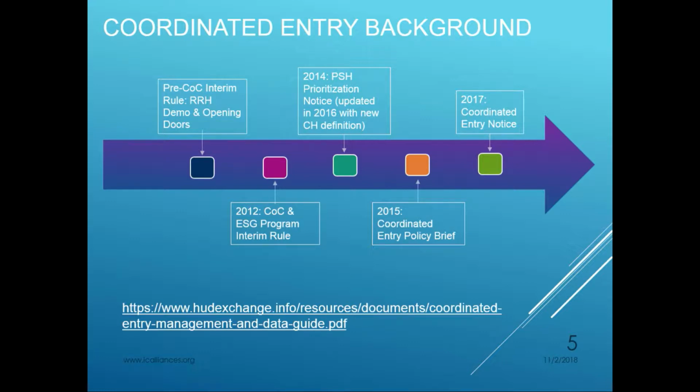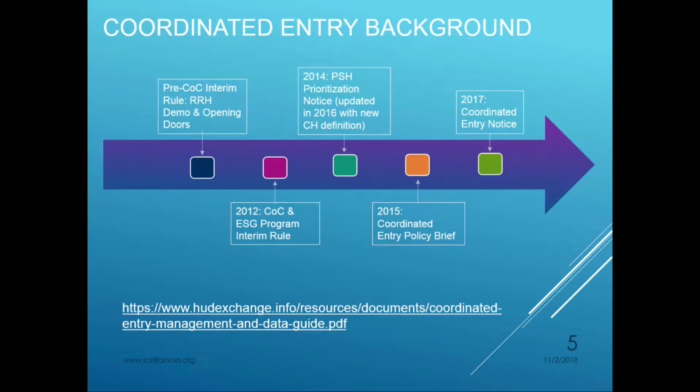CPD 1701 defined that the purpose of a coordinated entry system is to help communities systematically assess the needs of program participants and effectively match the needs of each household with the most appropriate resources available. It also encouraged moving from assessing performance at the project or agency level to the system-wide level.